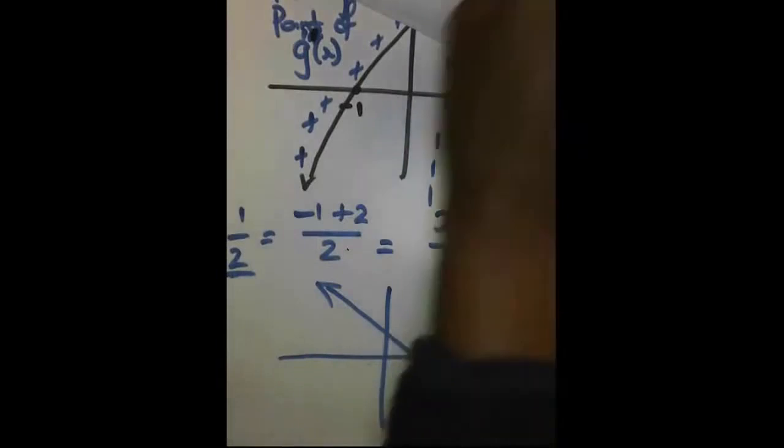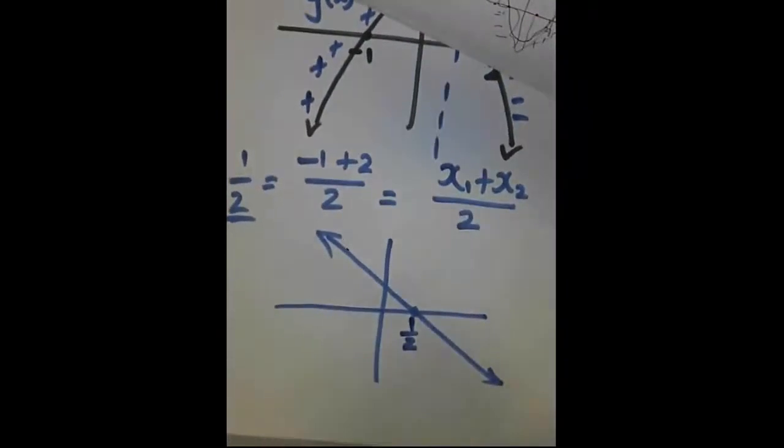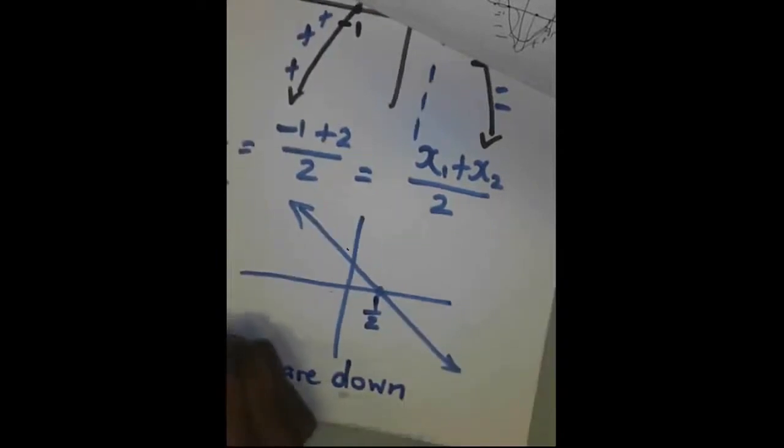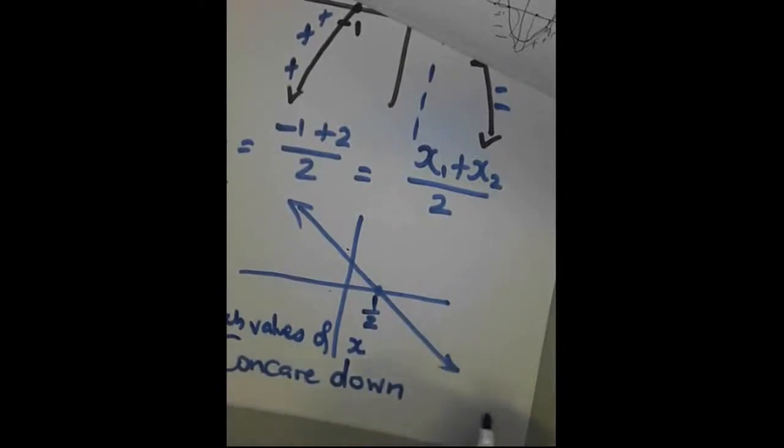They ask us for which values of x will the graph be concave down. Now I want to discuss concave down. Which values of x is my graph concave down?